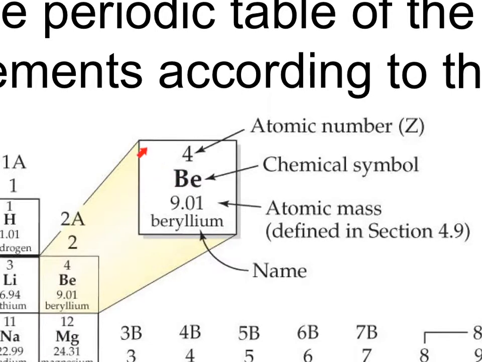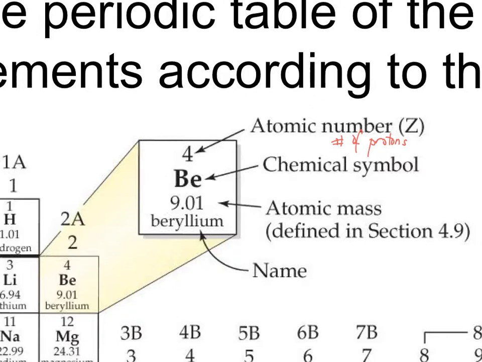Like I said, sometimes they may put it up here, or they may switch the 2 places. It doesn't really matter. But the whole number is Z. Remember, that's the number of protons. The larger number, here the 9.01, is technically the average atomic mass.